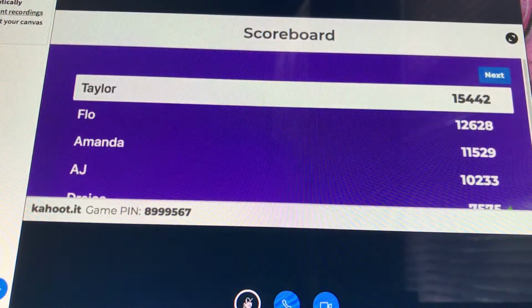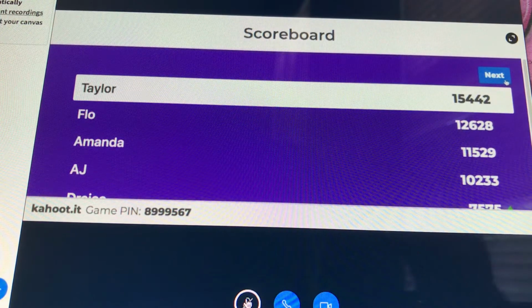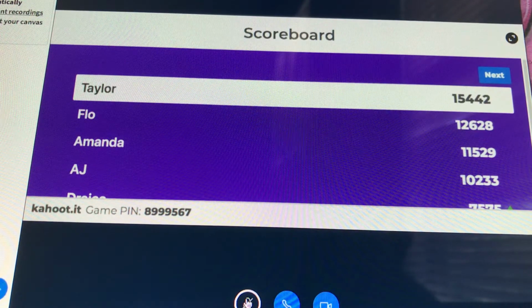How many P's in HIPAA? 1 P, 2 A's. What does it stand for? Health Information Portability Accountability Act. There you go. Good job.